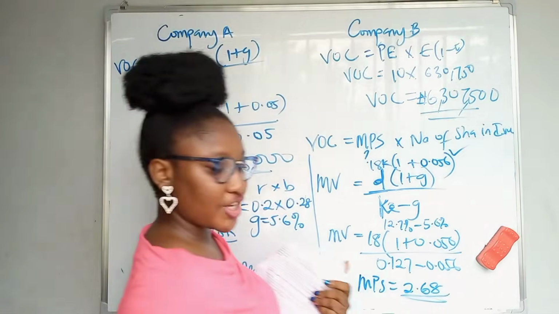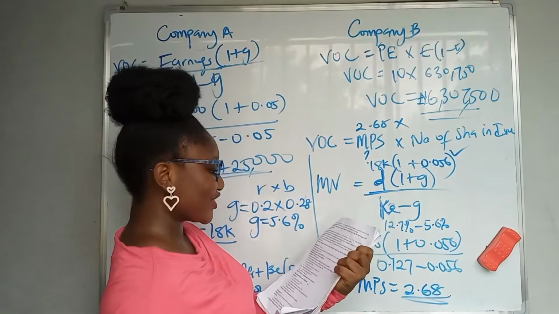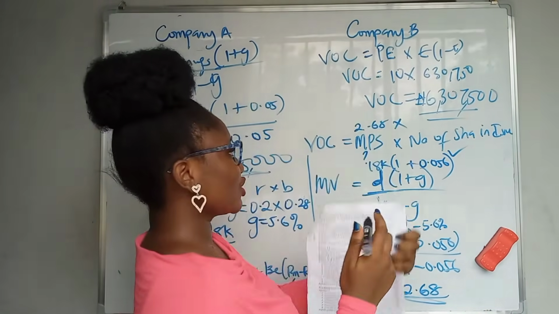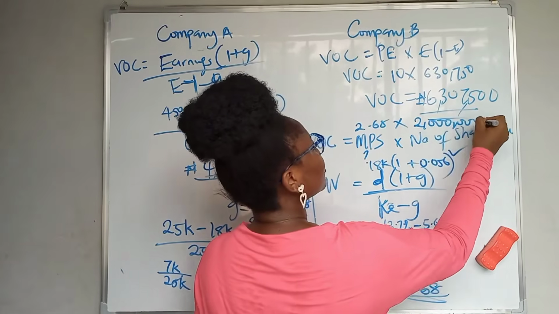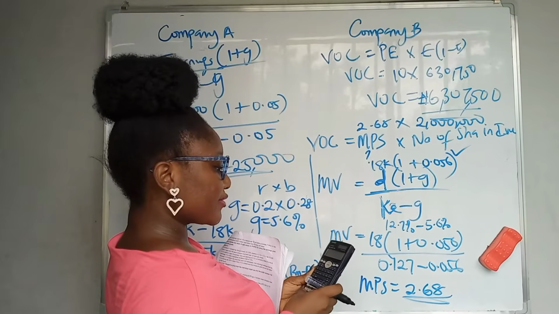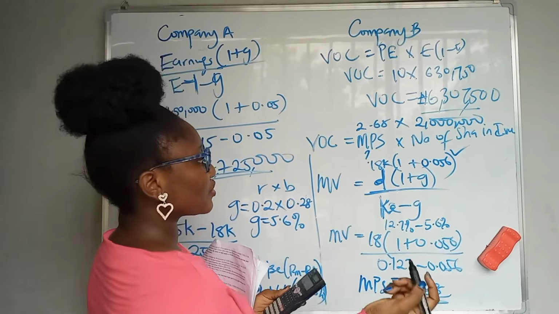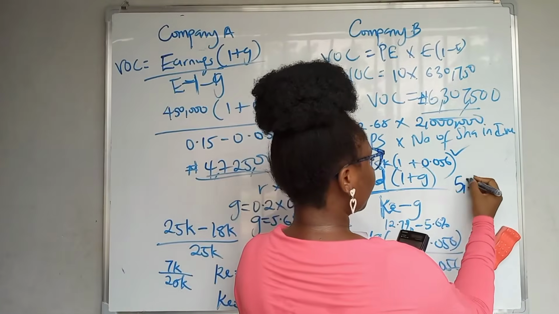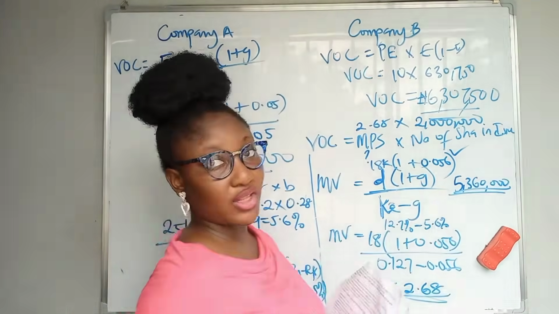Your market price per share is 2.68 multiplied by number of shares, 2 million ordinary shares in issue, right? So once you multiply 2.68 by 2 million, that's going to give you 5,360,000. So that's the value of that particular company.